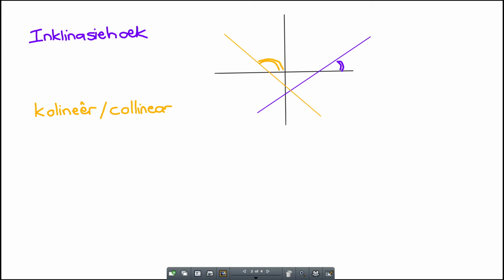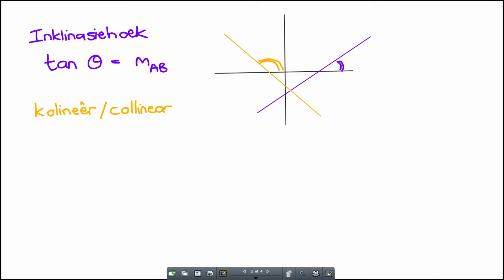Okay, dan sê hulle ook daar vir my, tan theta is equal to the gradient of AB. Met ander woorde, as ek daai hoekie wil kry, kan ek gaan sê tan van daai hoekie will be equal to the gradient of that line. Do you guys understand? Yeah.